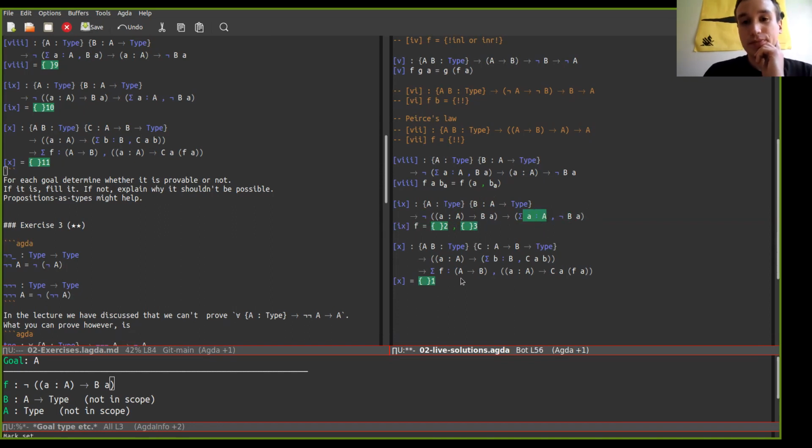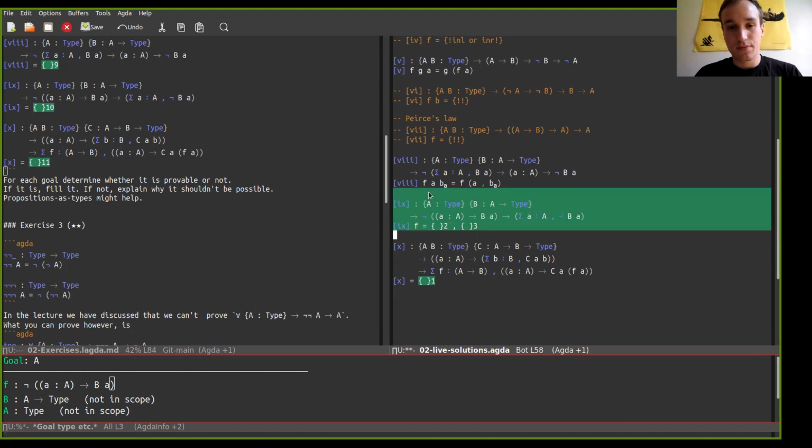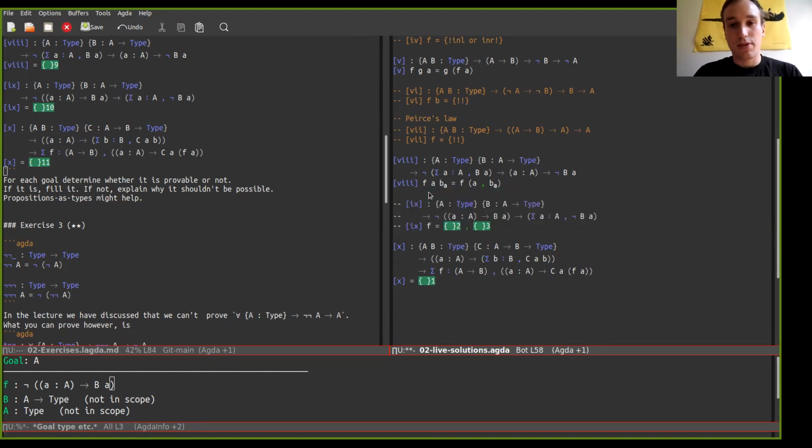So if you want to try and think about it more. Out, maybe that's a good comment as well. Comment out marked region is Meta and then semicolon.